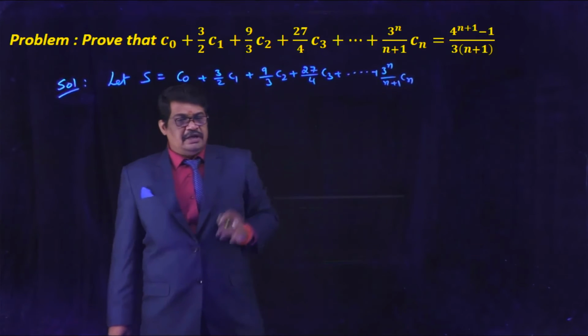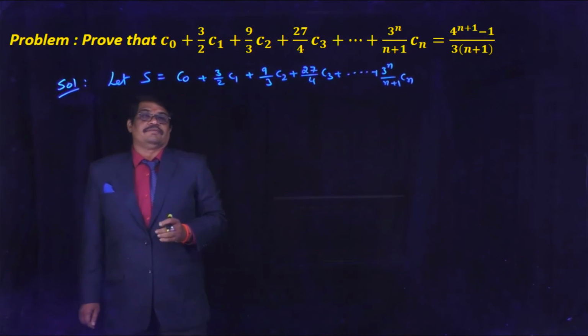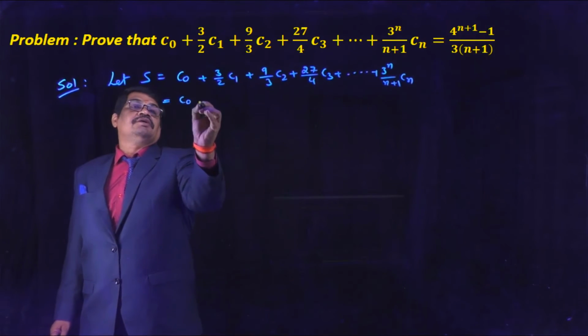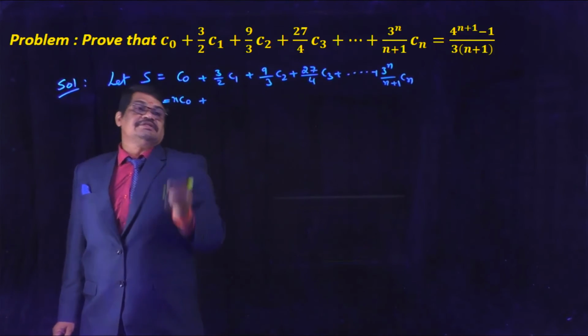That is the LHS of our proving result. Now this can be written with C0 as nC0.